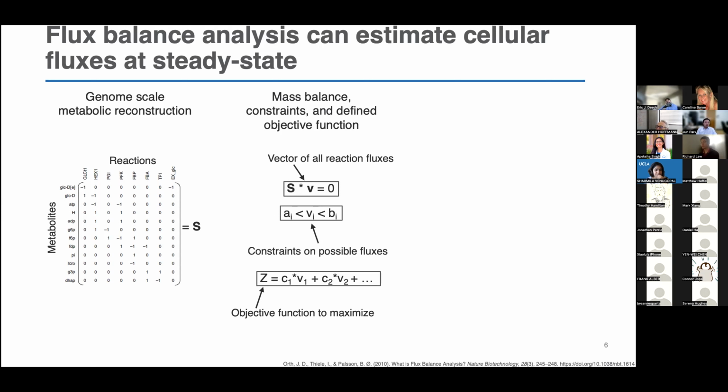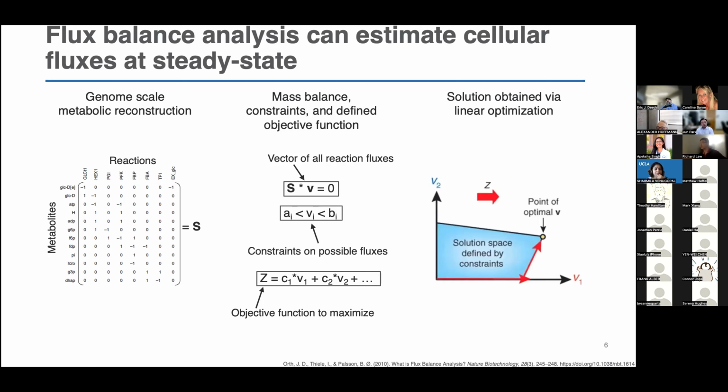We can additionally constrain individual fluxes within the flux vector based off our knowledge of real world biology or specific experimental conditions that we're hoping to explore inside this mathematical model. And then finally, we define an objective function, which is just a linear combination of these different fluxes that our constraint-based analysis will try to optimize.